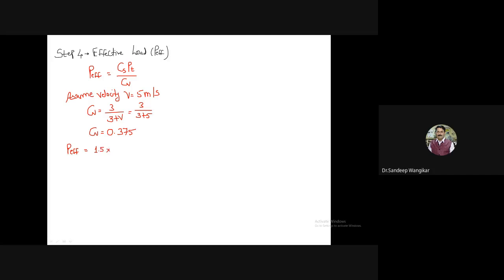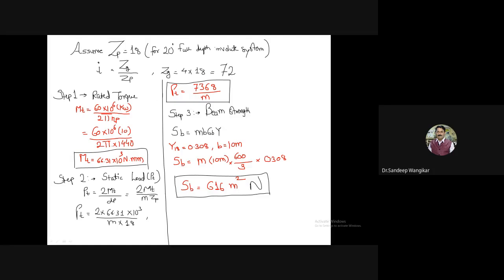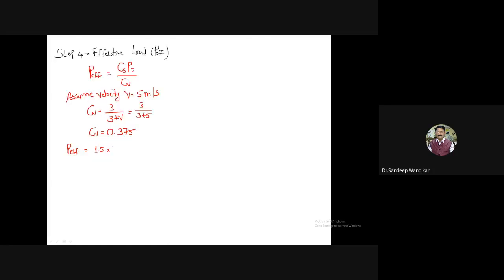If I substitute all the values, P effective is equal to CS, 1.5, into PT, which we calculated as 7368 divided by M, and again divided by CV, 0.375.